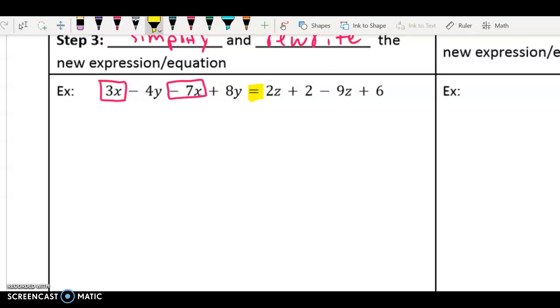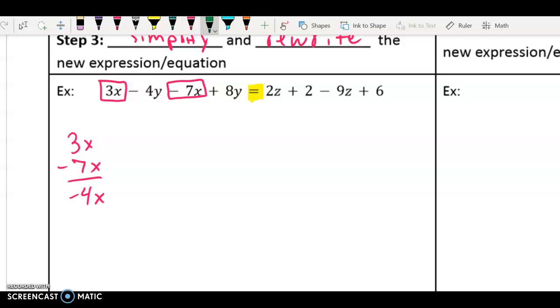So you're right, it is an equation. So let's go ahead and combine our like terms. So we have 3x and we have a negative 7x. So 3x, you can say plus negative 7x, or you can just say 3x minus 7x. Keep in mind, since we're subtracting a bigger number from a smaller number, it is going to be negative.